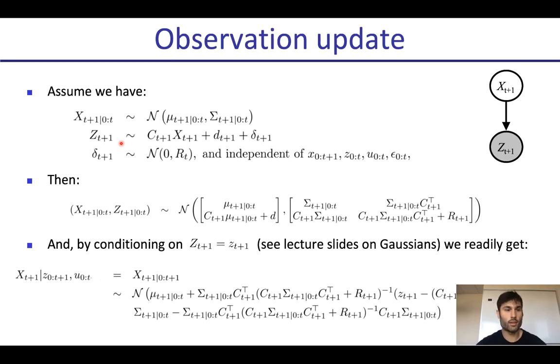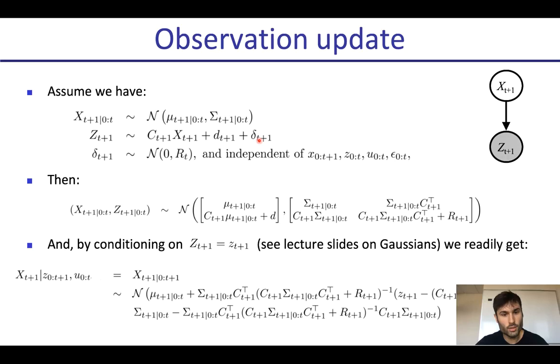And we assume that the way the underlying state and the measurement relate is through this linear equation. We have this Ct plus 1 that multiplies xt plus 1, plus some constant term, and then a noise that is independent of all the previous random variables.